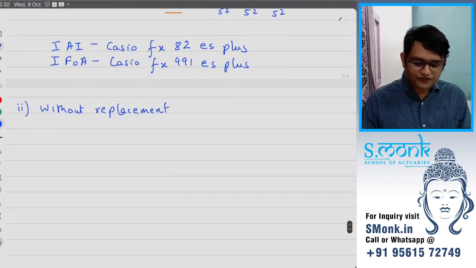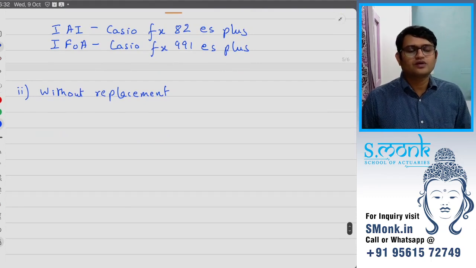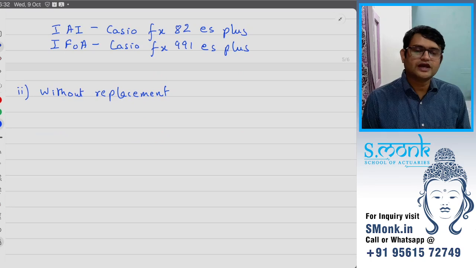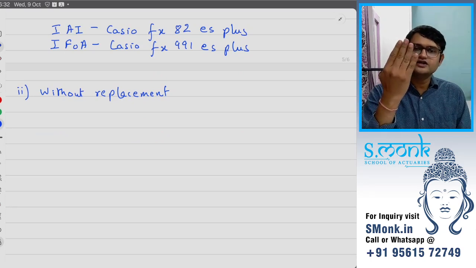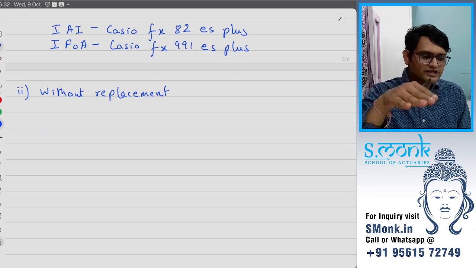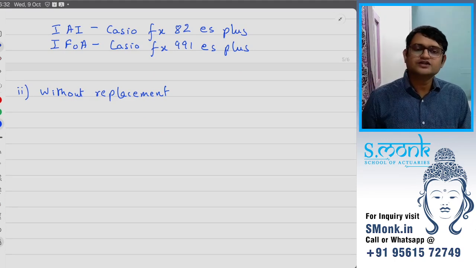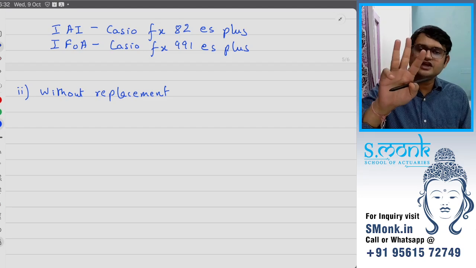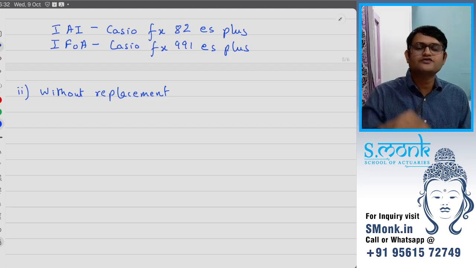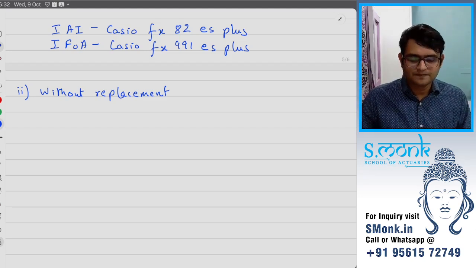Now if the cards are selected without replacement, that means we saw the first card and without keeping it back inside the deck, we selected the second card and then we selected the third card. You might say we are selecting 3 cards without putting back the first card in. So that would be without replacement.